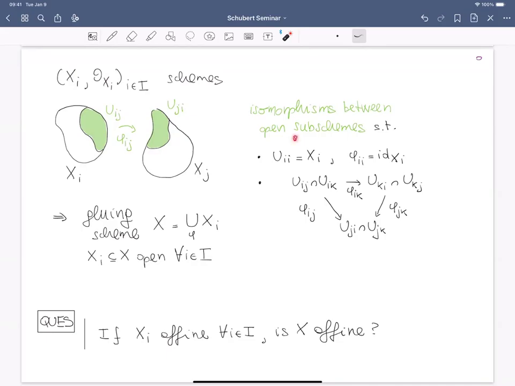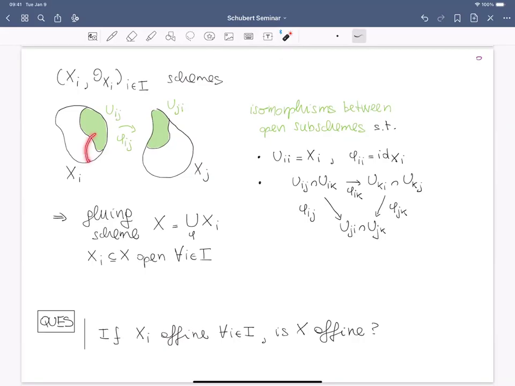condition. So, for example, we could ask that the open set for indices ii is the entire set, with the gluing map being the identity in this case, and whenever we have three indices i, j and k, we can look at intersections U_ij, U_ik inside Xi.